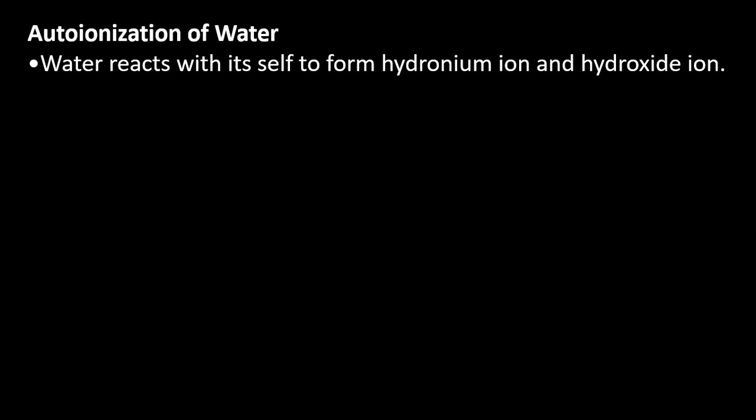Well, the pH is actually a measure of the concentration of the hydronium ion. And if that's the case, then water has to have some hydronium ion concentration, actually 10 to the minus 7, because that's the definition of what pH is.